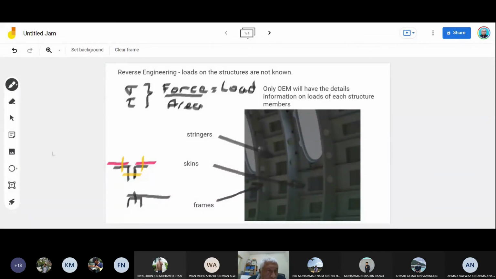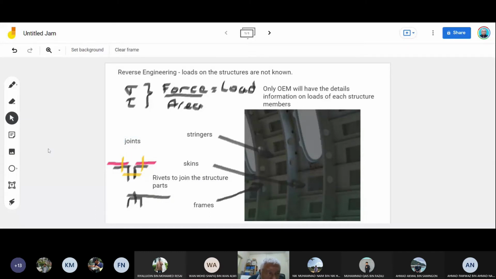So this is typical where we have rivets to join the structure. So we consider this a joint. Why a joint?